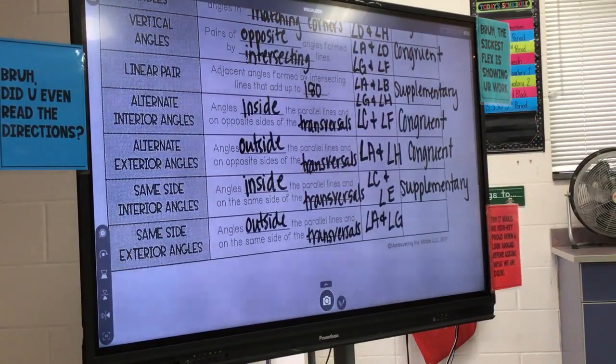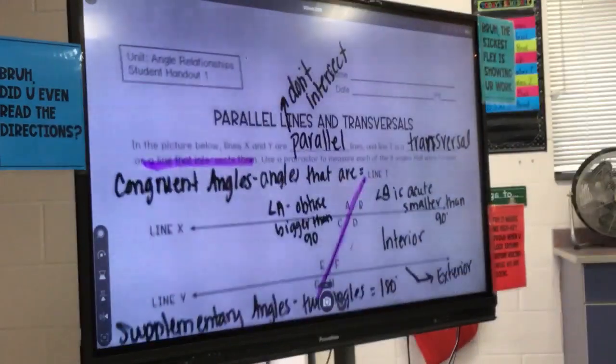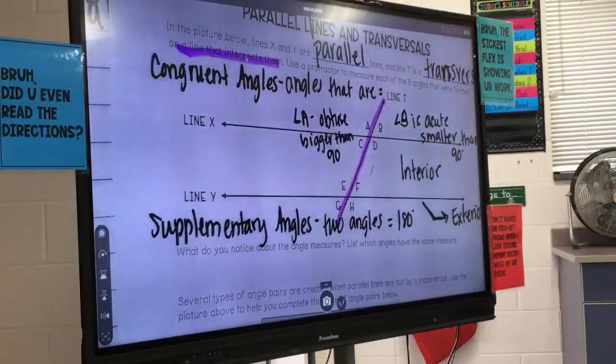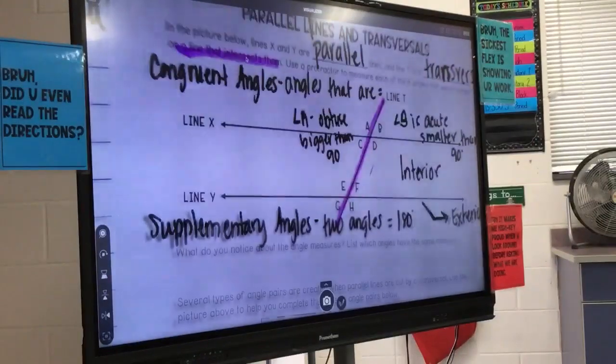Look at them, be careful. Angle A and angle G, are they congruent or supplementary? Why? Say it a little bit louder. Because angle A is obtuse and angle G is acute. Yes.